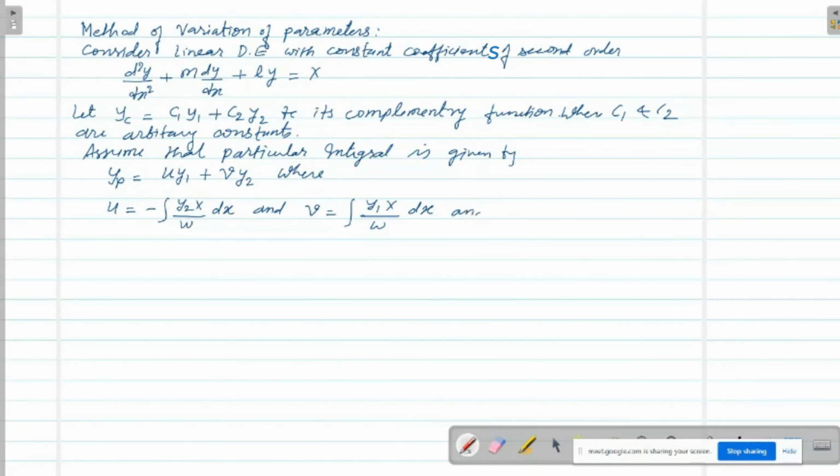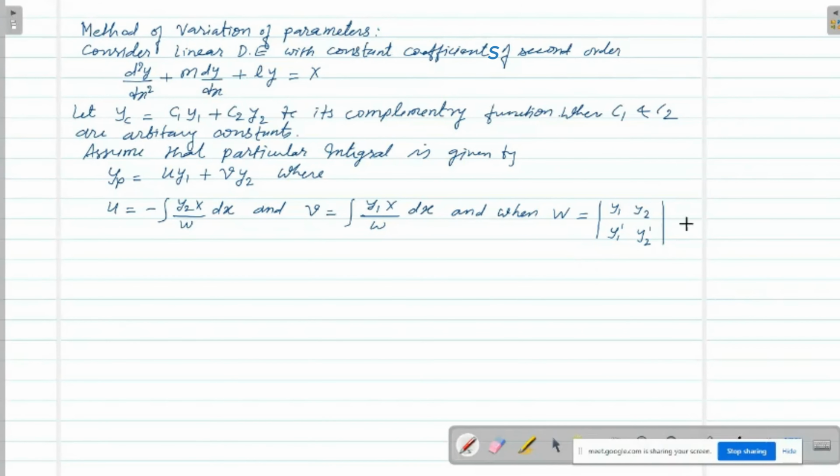And w equal to the determinant of y1, y2 and y1 dash, y2 dash, where y1 dash means derivative of y1 and y2 dash derivative of y2.